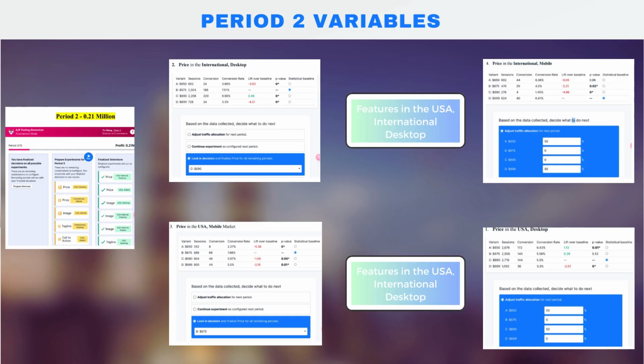Then at the end of period one, our profit is 0.21 million. So we move on to period two. In period two, we look into the price in the international desktop and the price on the USA desktop and the price in the international mobiles.